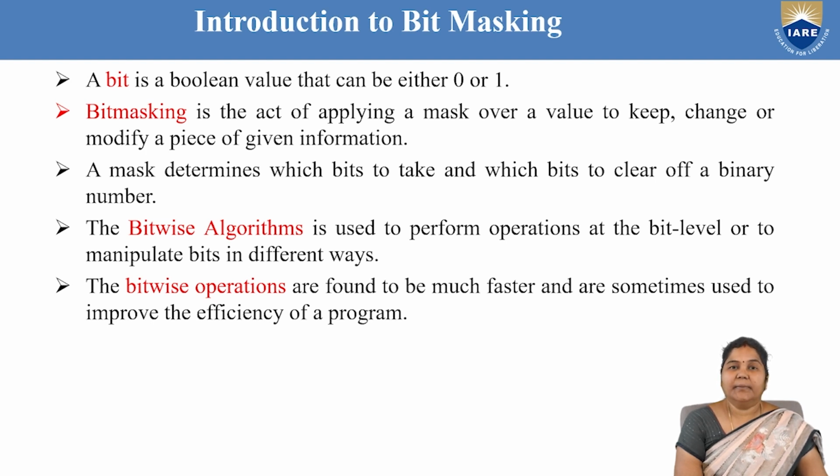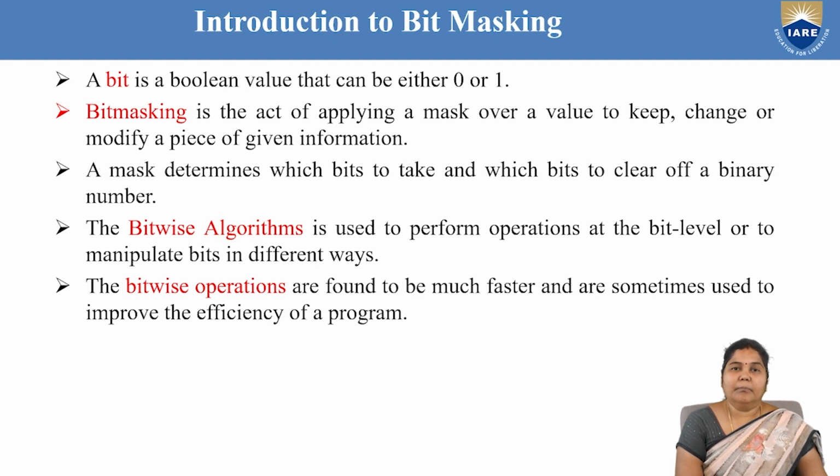So bit masking is a technique for applying a mask over a value to keep, change or modify a given piece of information. A mask determines which bits to set and which bits to unset or clear in a binary number.